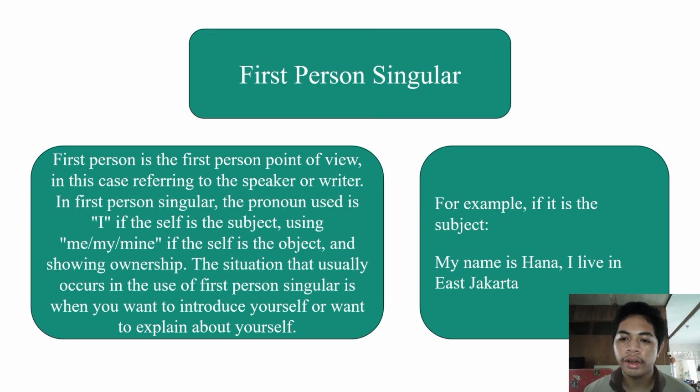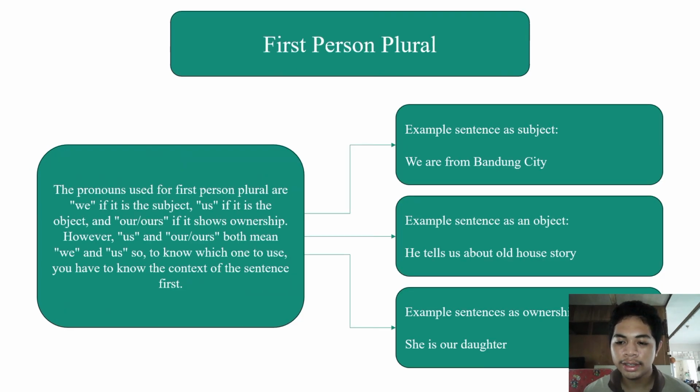For example, if it is the subject: my name is Hana, I live in East Jakarta, and my name is Felix, I live in East Ambawang. Okay, next.